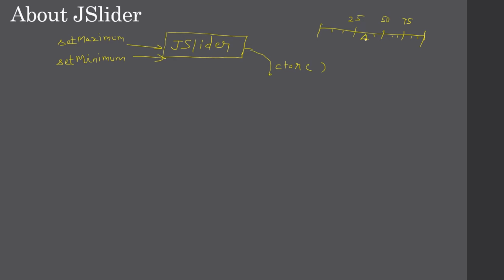For example, now the thumb is here, then they are in between 25 and 50. And these minor ticks also help show where exactly their thumb is. So we can specify this spacing using setMajorTickSpacing and setMinorTickSpacing.